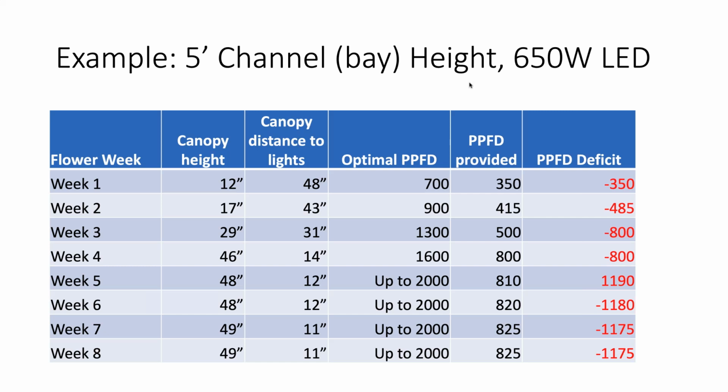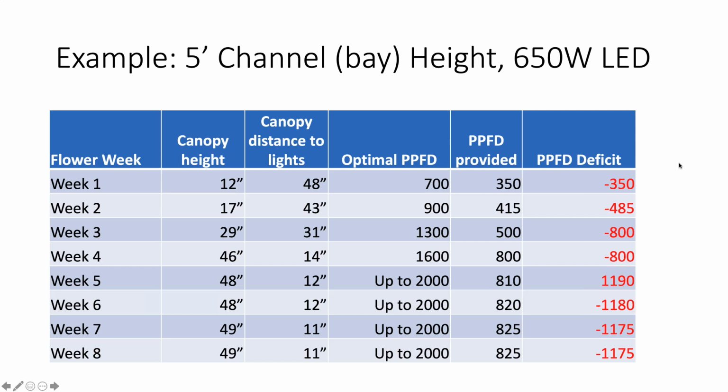So when the plants are young and far away from the lights, they're receiving less light from the lamp. And you see the PPFD provided by this lamp increases, not because the intensity of the light is increasing, but because the plant is growing towards the light.